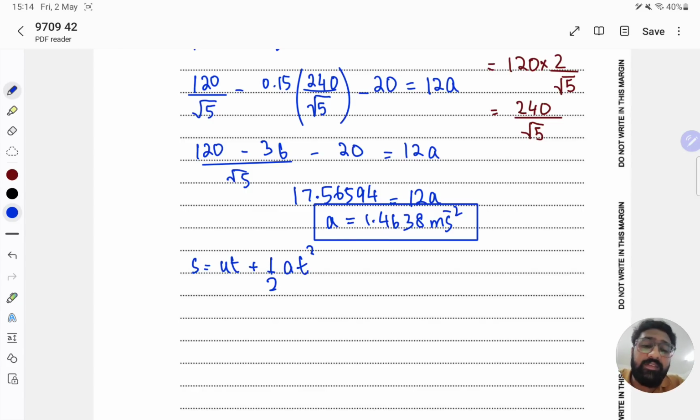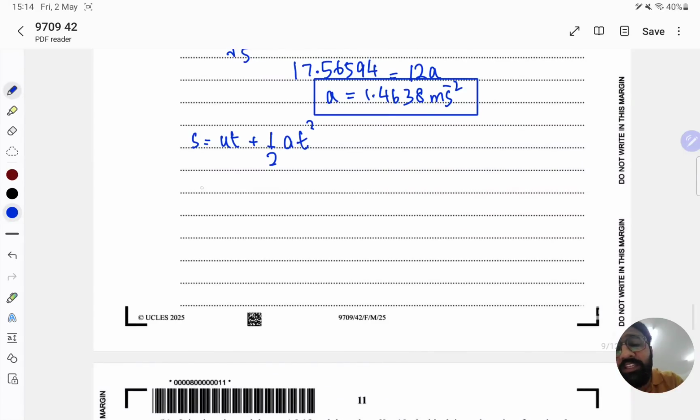Since the object was at rest initially, the initial speed is 0. The distance that he is covering is 2 meters. So plus 1 by 2 into 1.4638 into t square, multiplied by 0.5.